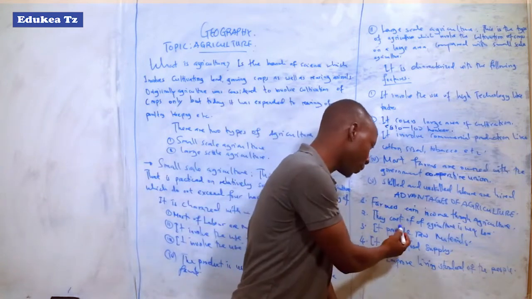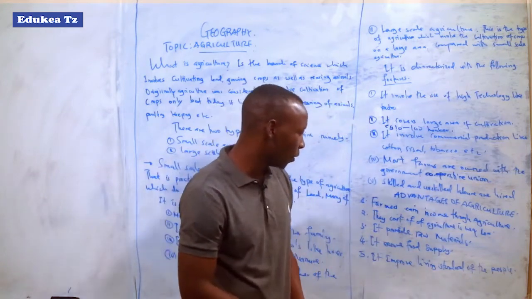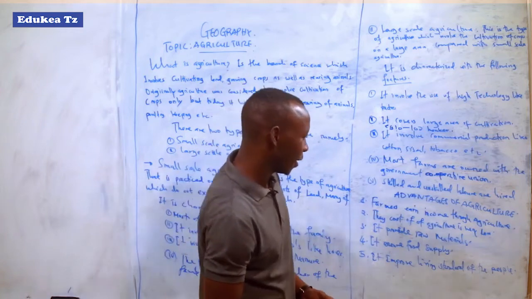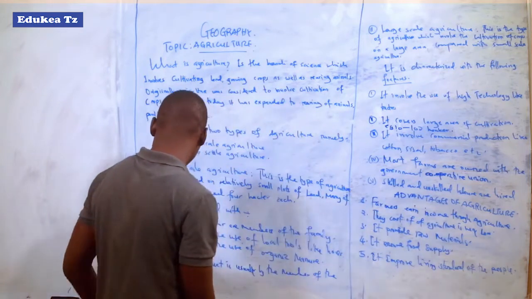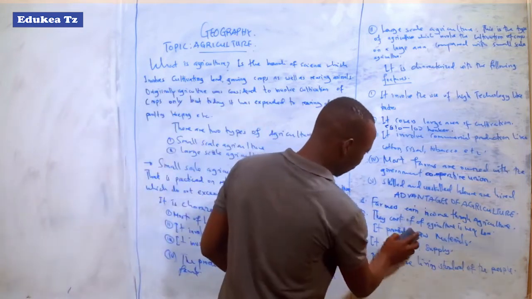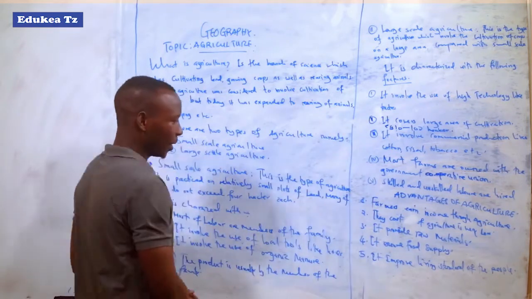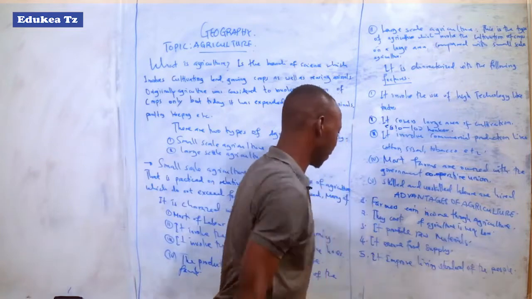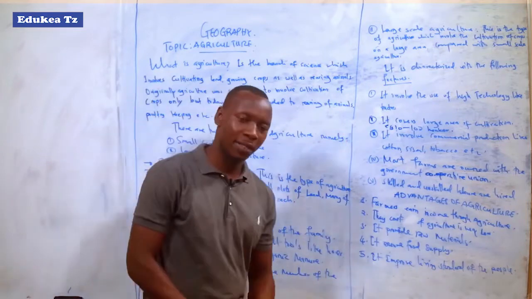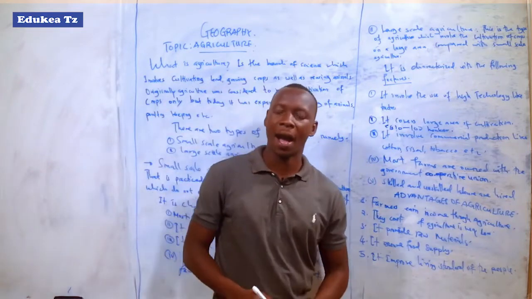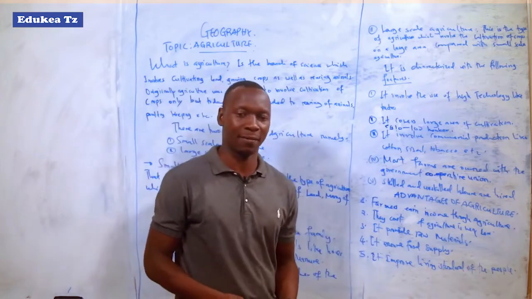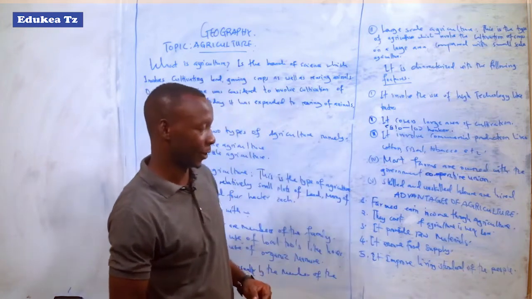Another is that the cost of agriculture is very low. For example, in small-scale agriculture, the members of the family are the laborers in the farm, compared to large-scale agriculture.